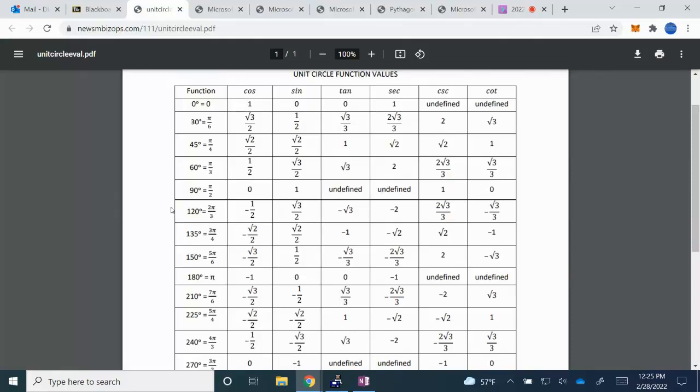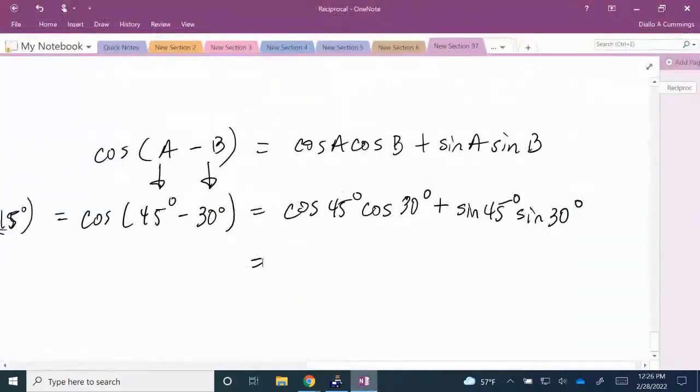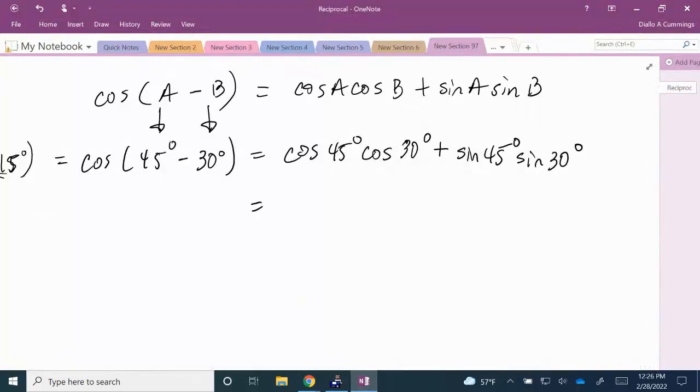So notice that the cosine of 45 degrees is square root of 2 over 2. The sine of 45 degrees is also square root of 2 over 2. And then we have the 30-degree angle. The cosine of 30 degrees is square root of 3 over 2. And the sine of 30 degrees is 1/2. Right, so we're going to write these values where they belong.